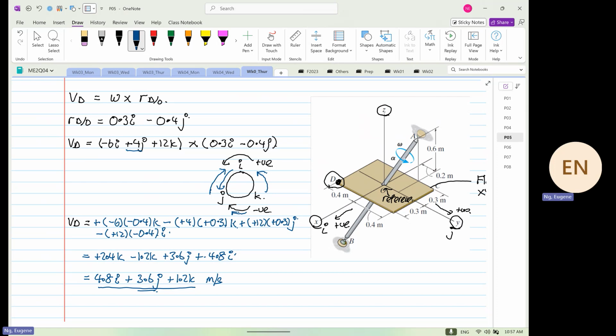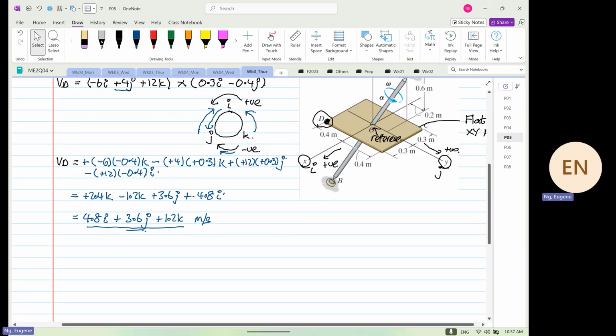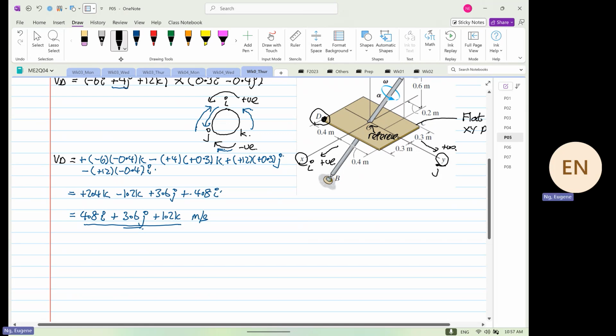Okay, now the next one is A, the acceleration at point D. Now it is alpha cross RD plus omega cross RD. So we can use some values.